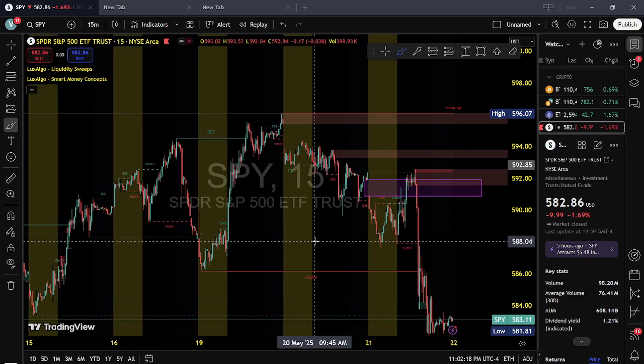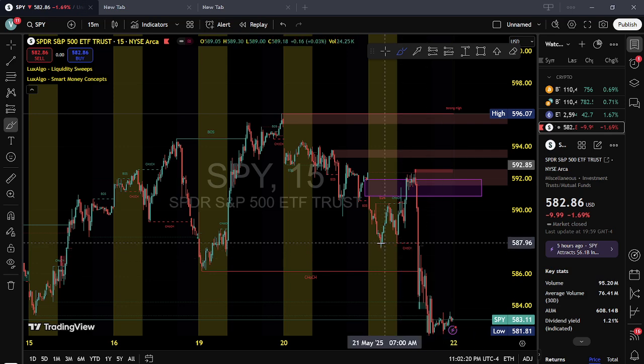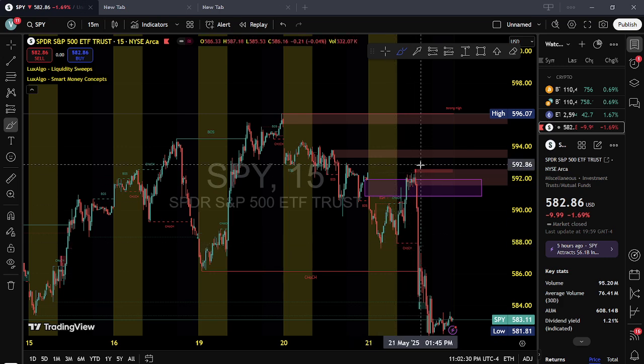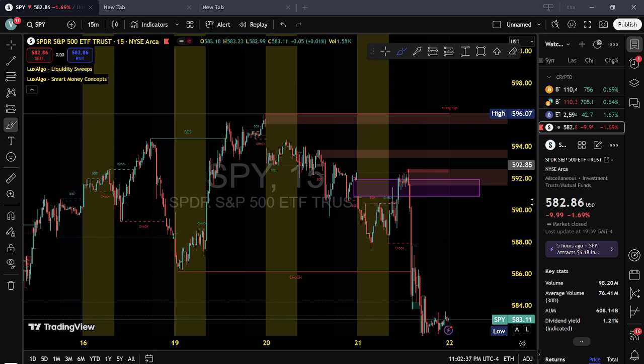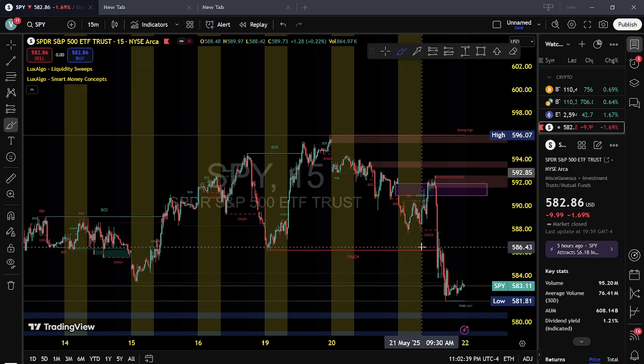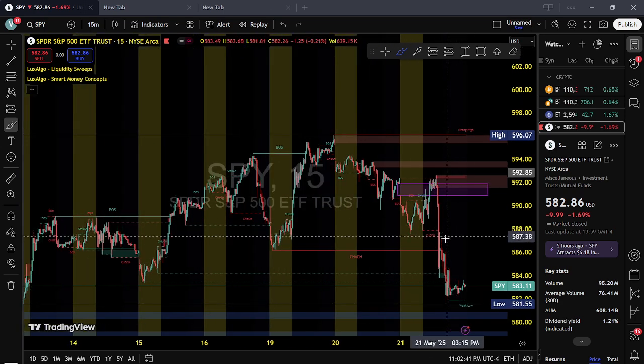These levels were tested and this order block was already mitigated in the pre-market. So there were huge chances that if the next selling comes, it will break 587 and test the next level, which was 585.